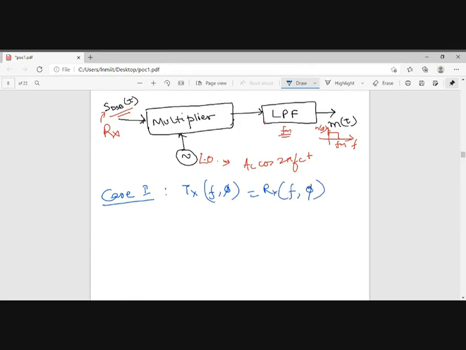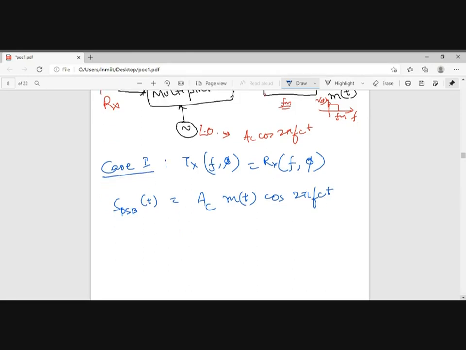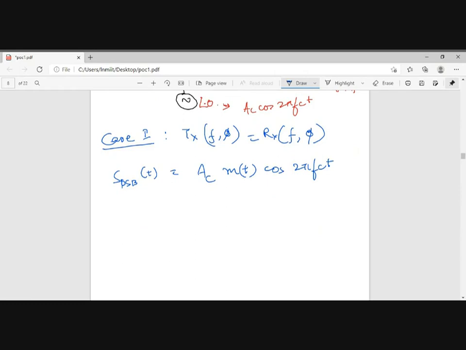So we take DSB-SC(t) equal to Ac m(t) cos(2πfct), assumed to be incident on the receiving end. We are taking a case when noise is equal to 0. There is no noise in the system.